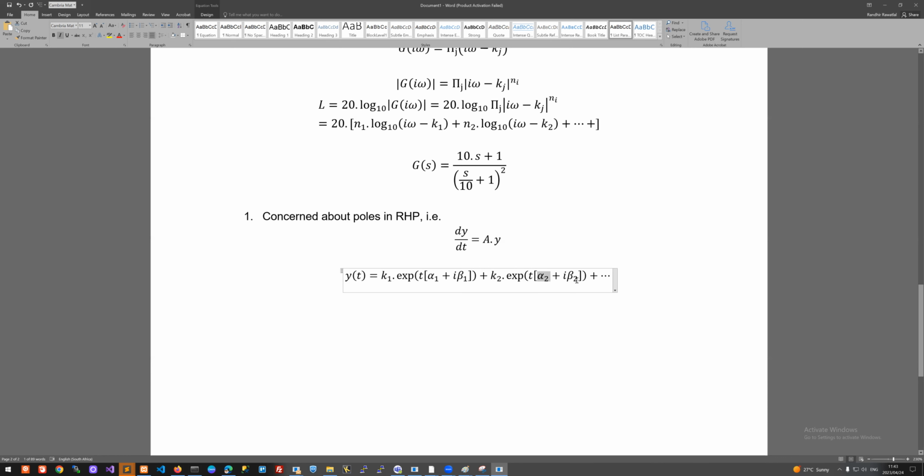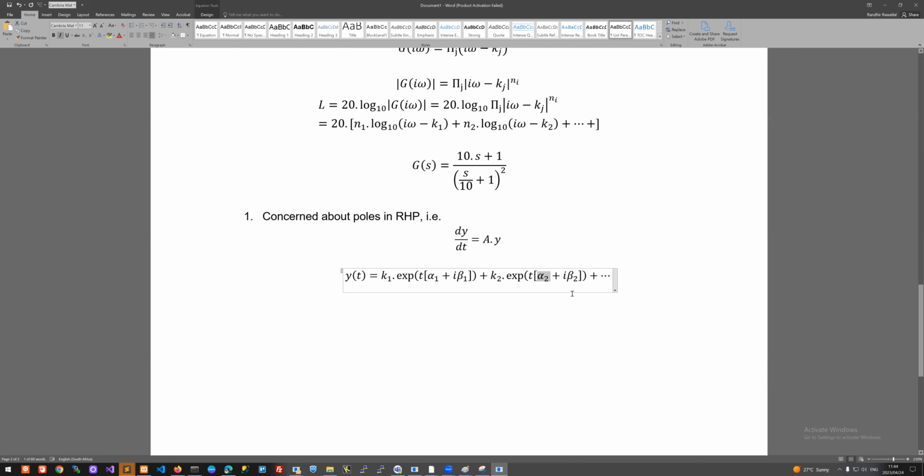So that part we're not too worried about. We know that there are oscillations in the real world, so we've accepted that. But this part we can't accept. If even one alpha is positive, then e to the t times that constant will go off to infinity. So we can't control a process like that. So we are very concerned about that fact.